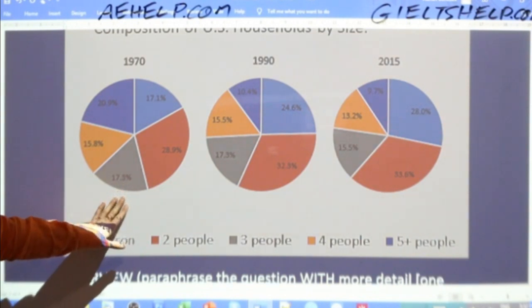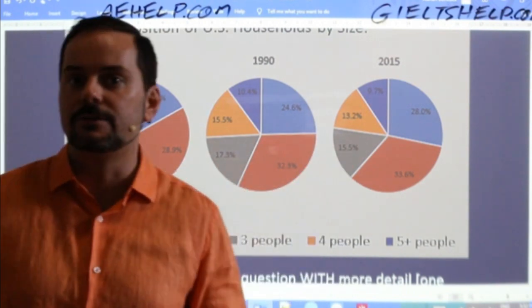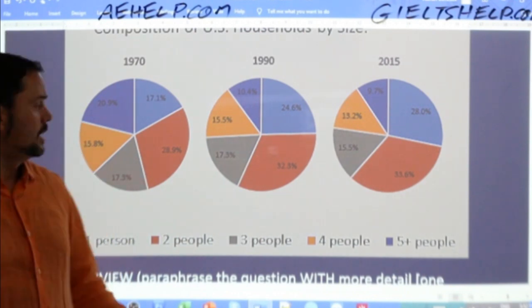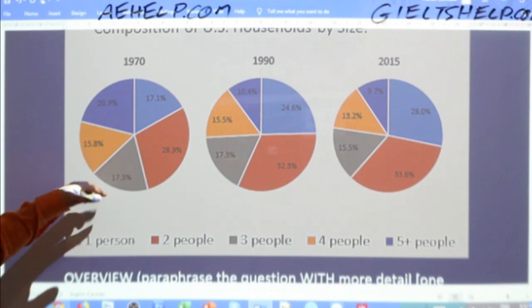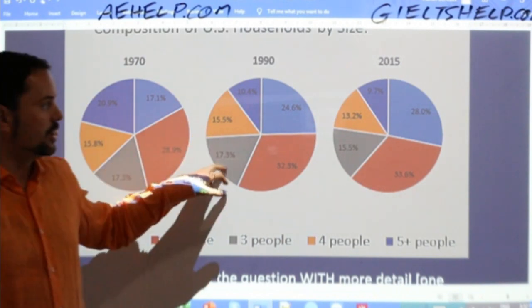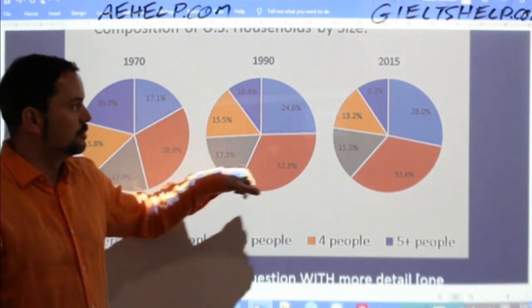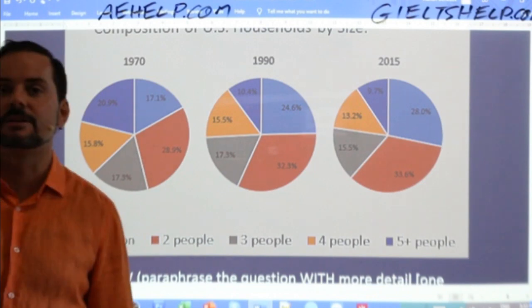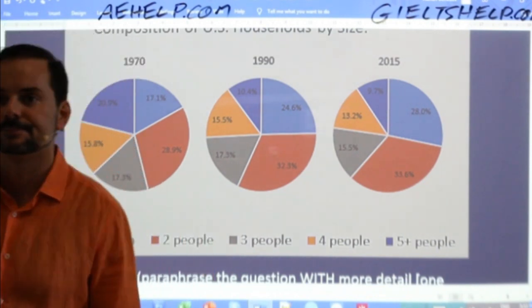So anything that's between 15 to 17 is roughly about 1/6 of the total, 1/6. This here for 4 persons is similar. It's just 2% less in each year, right? 15 is 2% less than 17, 15, 2%, 13, 2%. So 2% less than the 3-person homes, okay? All right.